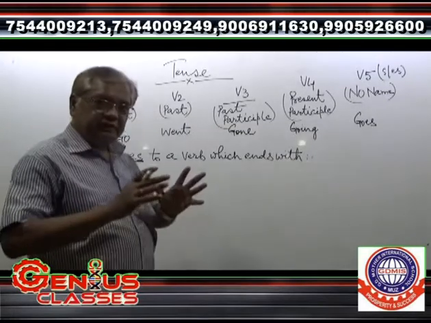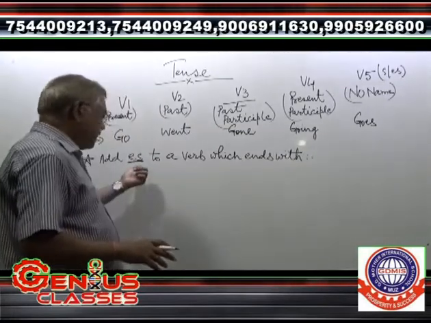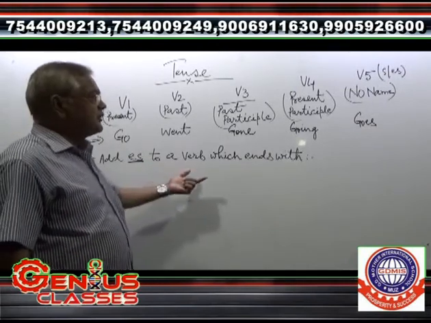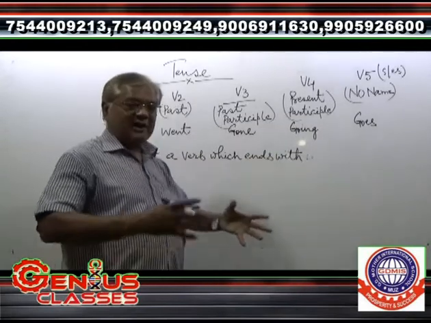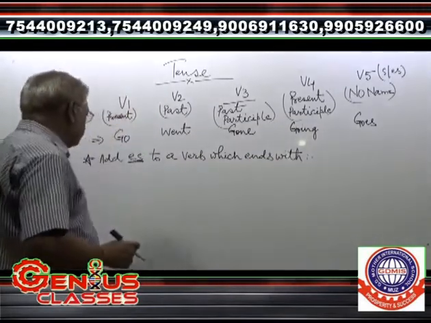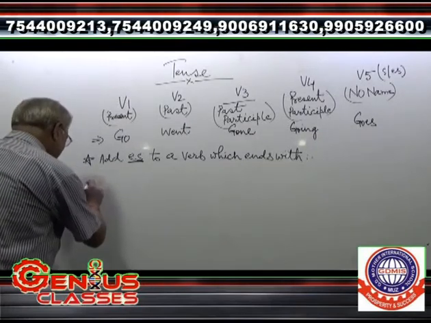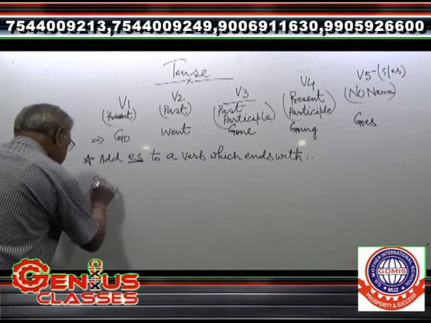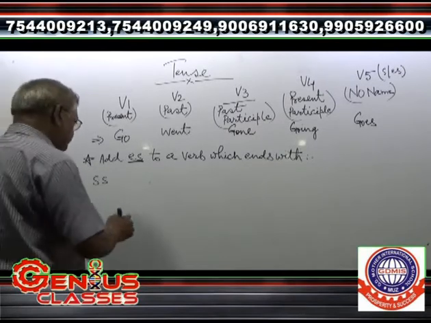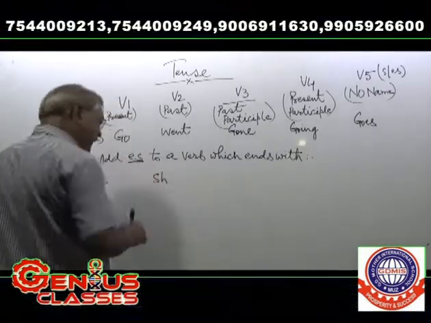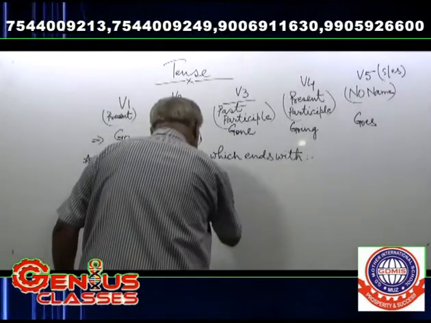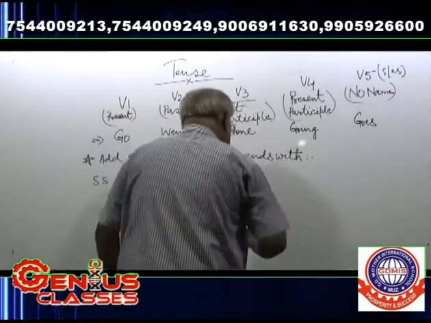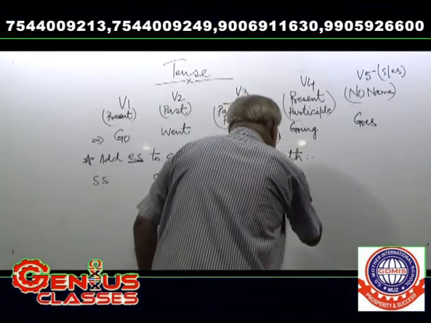So what are those verbs where we can add es, and for the rest of the verbs we will add s along with the verb. The last letter of the action word is double s, then sh, then ch, then o, and then x.